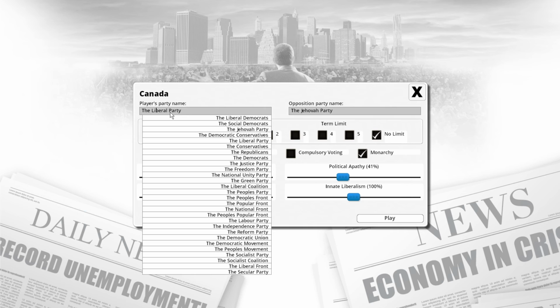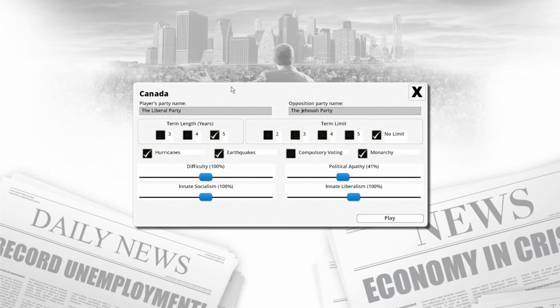So the Liberal Party is one. The New Democratic Party is another one, and the other party is the Progressive Conservatives. The Conservatives are probably closest to the PC Party, Progressive Conservatives. But I'm just gonna go with the Liberal Party.